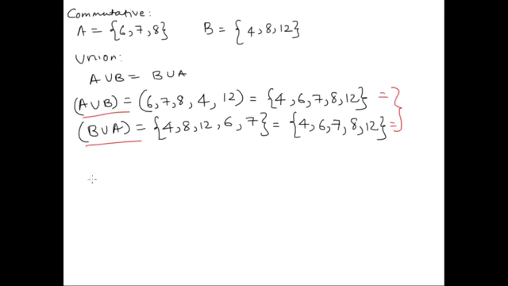Now let's see intersection of sets. Let's see how the commutative property works there. Okay, so we do A intersection B is equal to B intersection A. Let's see what this is first. So A intersection B. Whatever the common elements are, we have to list them out.